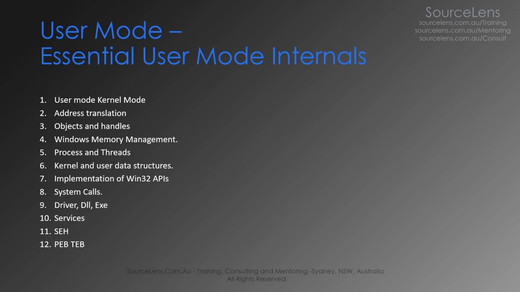Coming back to the slides, we have discussed kernel mode and user mode a little bit. Kernel mode, we didn't see any details. We have seen in detail the address translation, how the address translation works, and what happens if the address translation fails. Address translation is done by the CPU, not by the operating system. Make sure you understand that. If the address translation succeeds for an instruction, the operating system doesn't come into the picture at all.